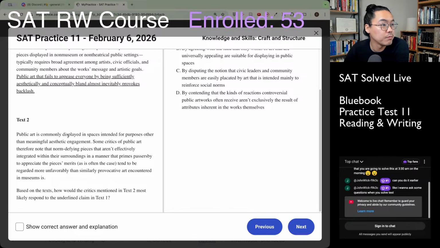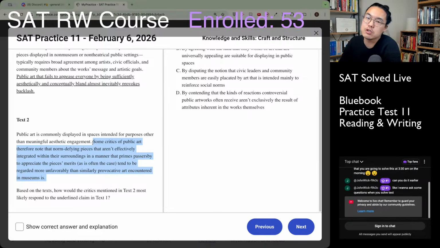And then text 2 says, actually, norm-defying pieces that aren't integrated in the manner the piece merits, as is often the case, could be accepted if they had been integrated better to help us appreciate the pieces.